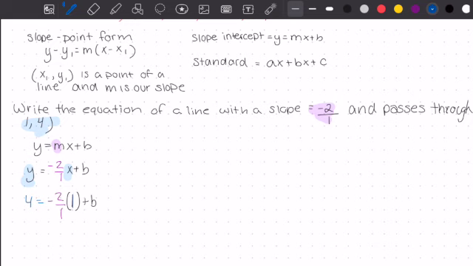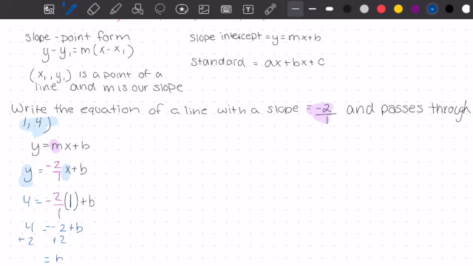Everyone remembers this? Okay. So solving for this, we would get -2 plus b equals 4, plus 2 on both sides. So b is equal to 6. So our y-intercept, I'm just going to write this up here so we don't forget it, is equal to 6.